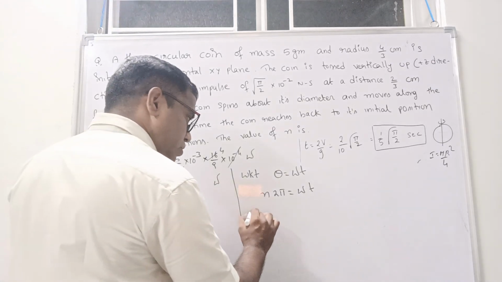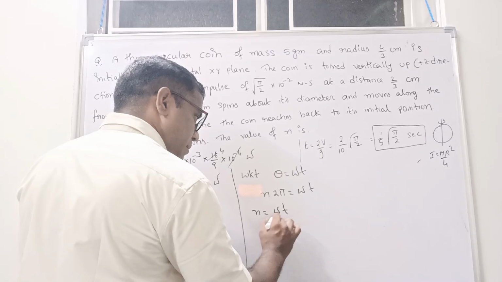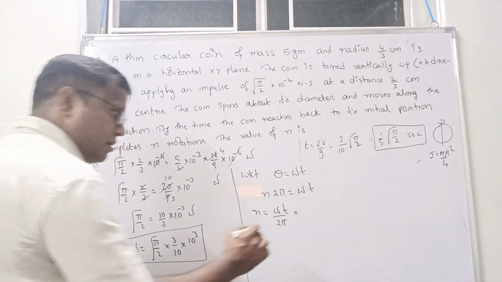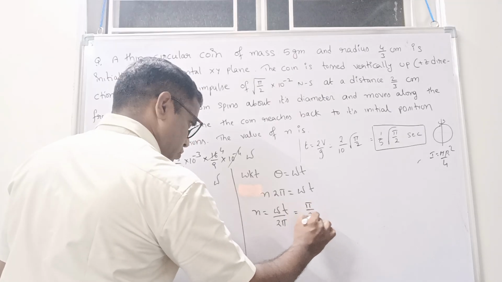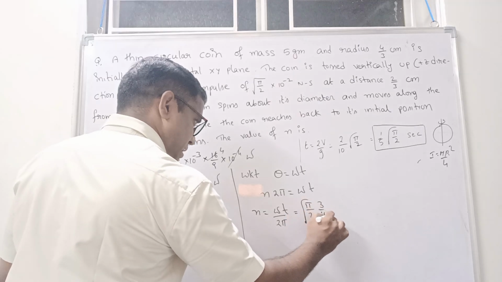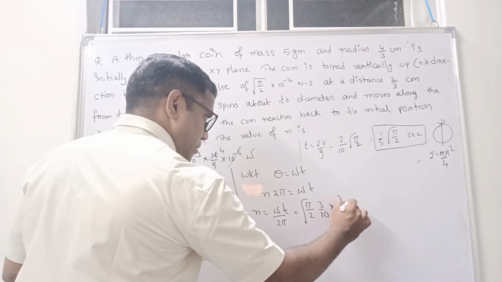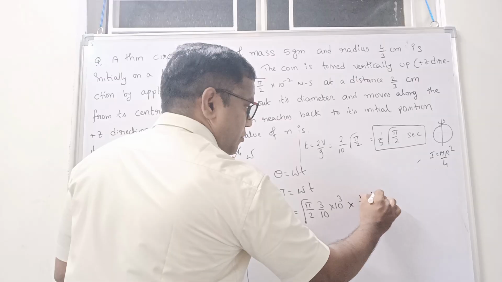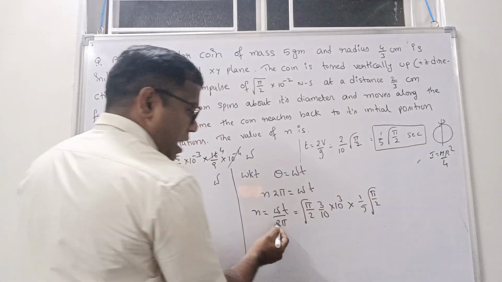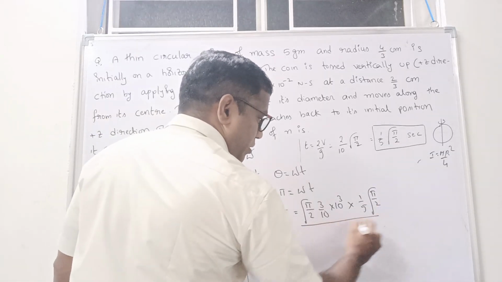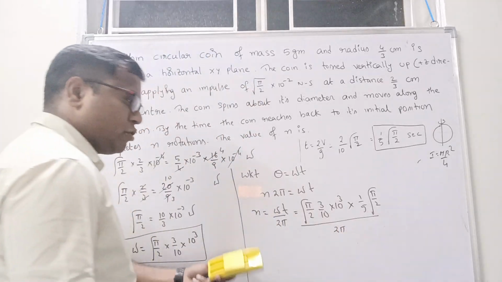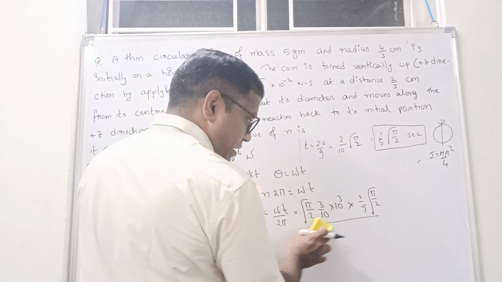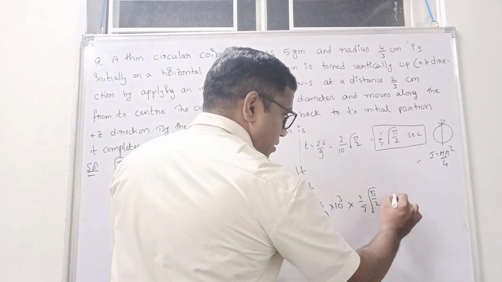I will write n is equal to omega t by 2 pi, which is equal to omega already calculated: root of pi by 2, 3 by 10 into 10 power 3, and t already calculated 1 by 5, upon 2 pi. Upon 2 pi is nothing but 1 by 2 pi you can write. Clear? So I will write here 1 by 2 pi.